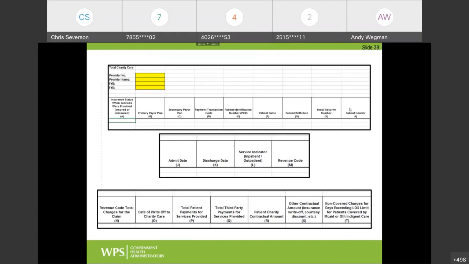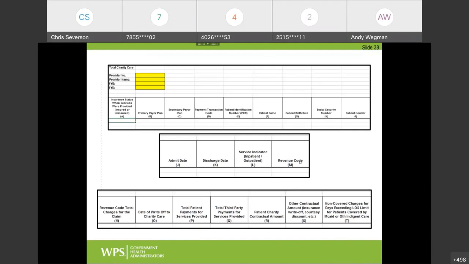Obviously, some patient identification. Here's the gender that I said is a little bit unusual. Of course, admit and discharge. It doesn't necessarily have to be within this period, though it should generally be pretty close. Otherwise, why was it written off so late? Inpatient or outpatient.